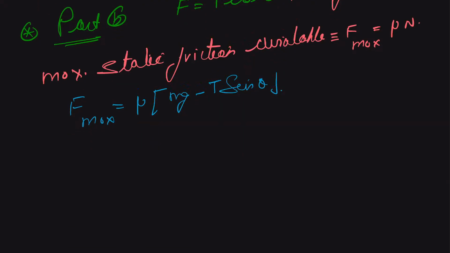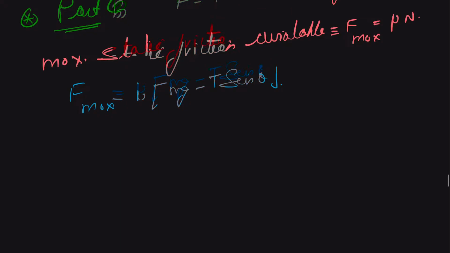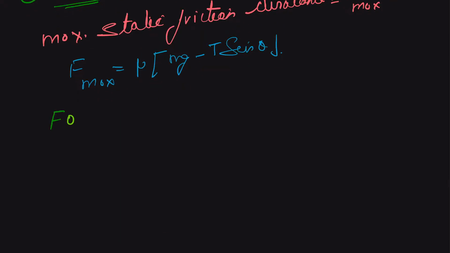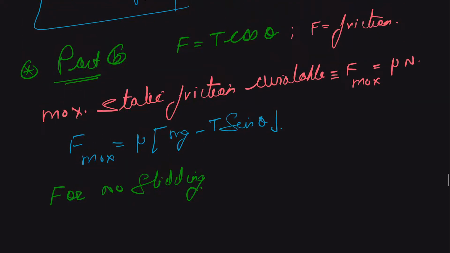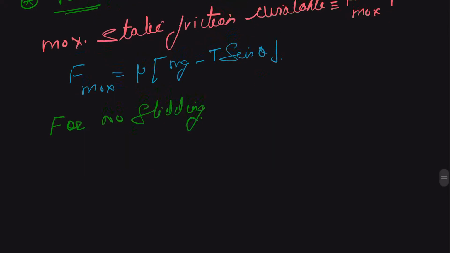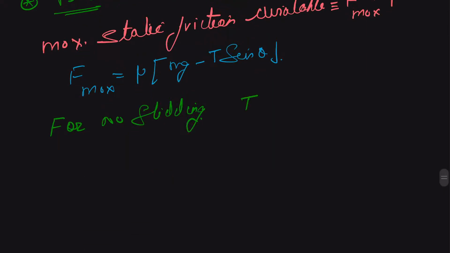And for the no sliding condition, we can write, because F is nothing but T cos θ, that T cos θ should be less than or equal to μ times (mg minus T sin θ).